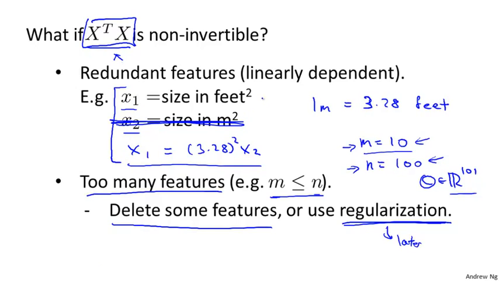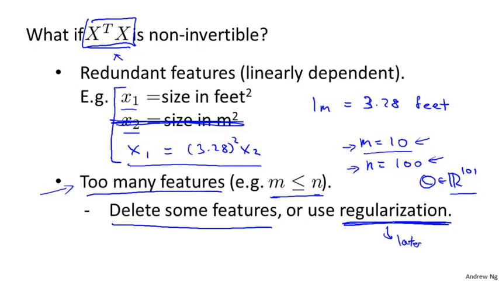So I would first think through my features and check if any are redundant, and if so, keep deleting redundant features until they're no longer redundant. And if your features are not redundant, I would check if I might have too many features, and if that's the case, I would either delete some features if I can bear to use fewer features, or else I would consider using regularization, which is a topic we'll talk about later.